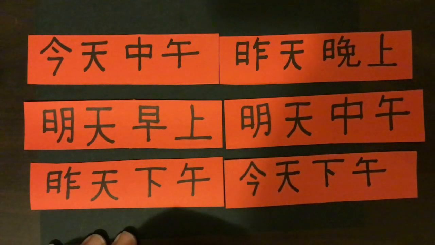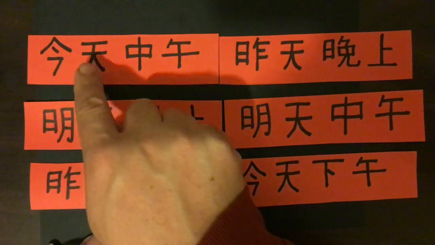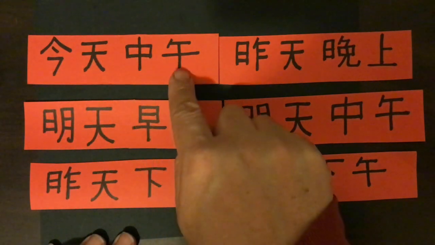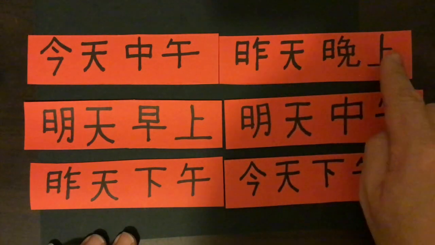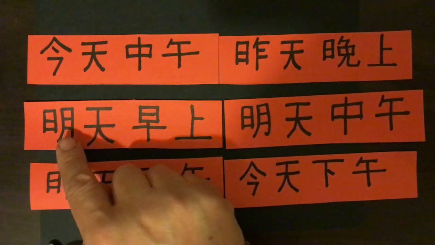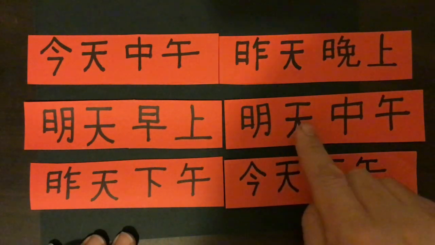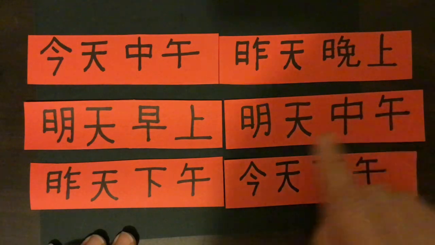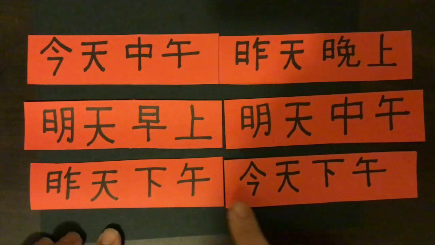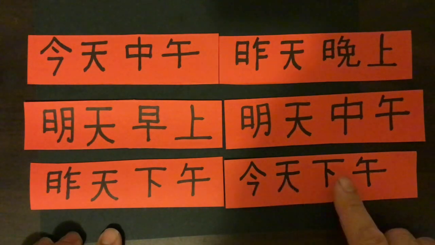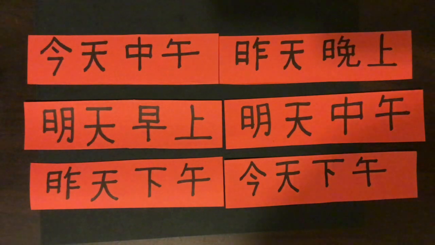Okay, let's take a look at what we have. That's 今天中午. Okay. 昨天晚上. 明天早上. 明天中午. 昨天下午. 今天下午. Okay, let's have a think.